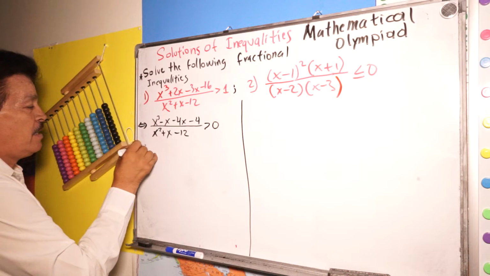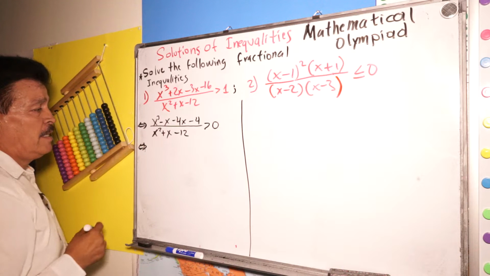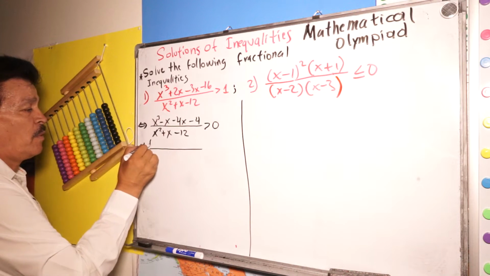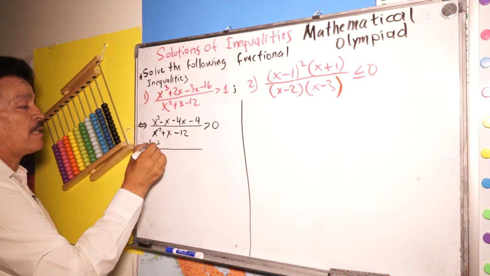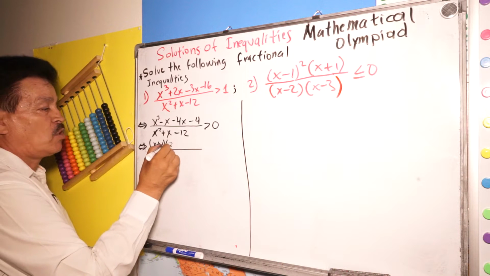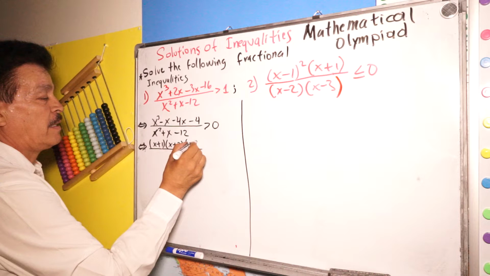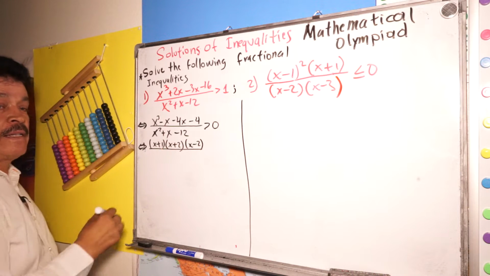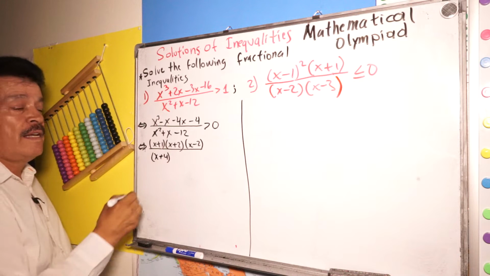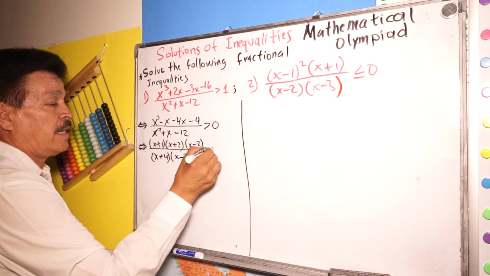Next step: now use the parentheses here. We will have (x + 1)(x + 2)(x − 2), divided by (x + 4)(x − 3), greater than 0.